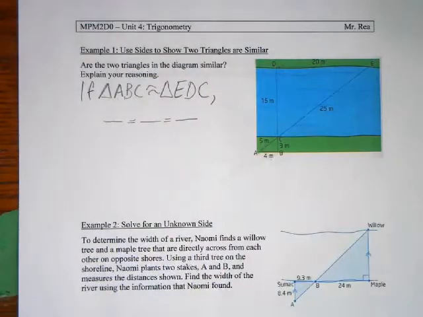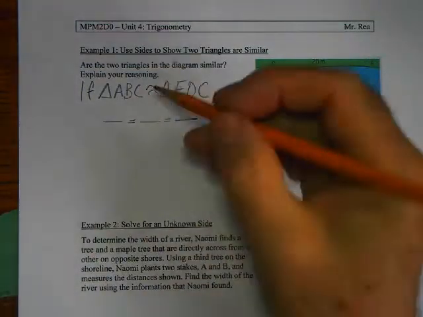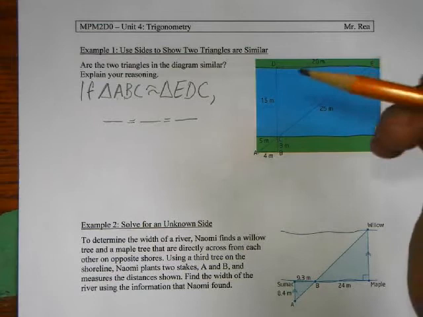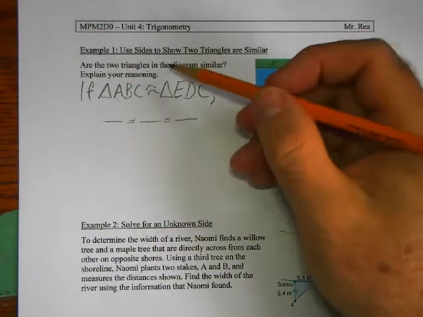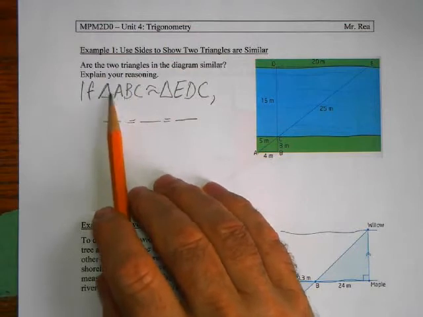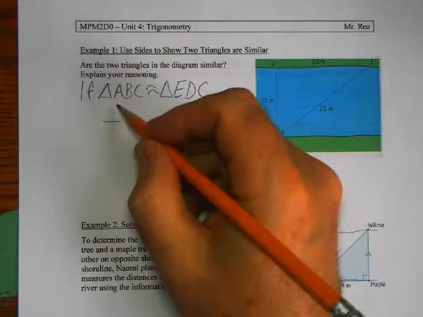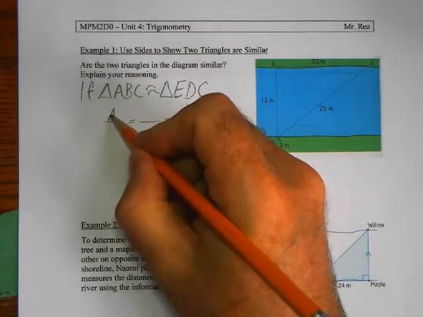So I can start by that. I've got 3 ratios with 2 equal signs between them. Now up on the top side, and this is an arbitrary decision, I'm going to use all the sides from triangle ABC. Okay, you could do it differently. You could do all the sides from EDC, but I'm going to do all the sides from ABC.